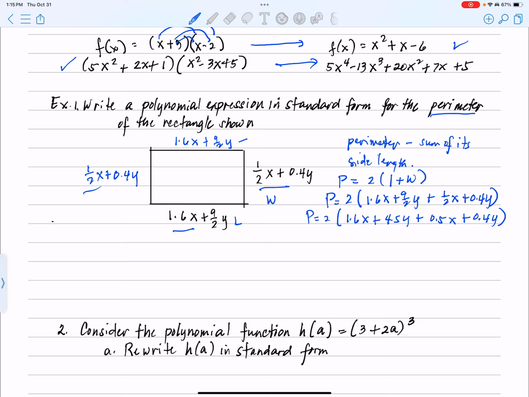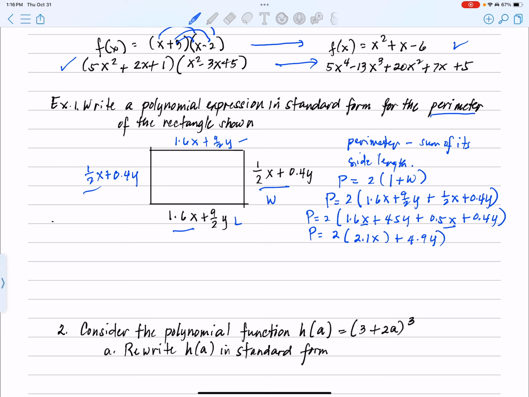So everything now is in terms of decimals. Collect terms: 1.6 plus 0.5 is 2.1x, and 4.5 plus 0.4 is 4.9y.